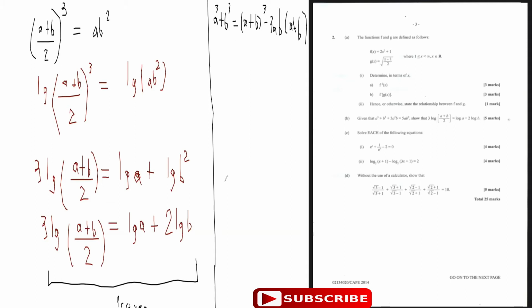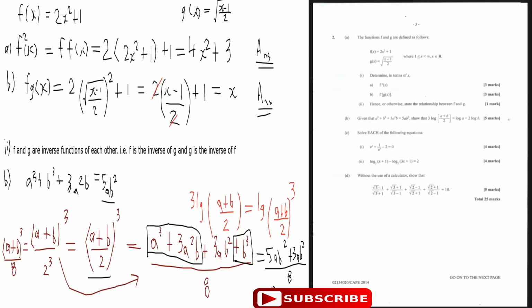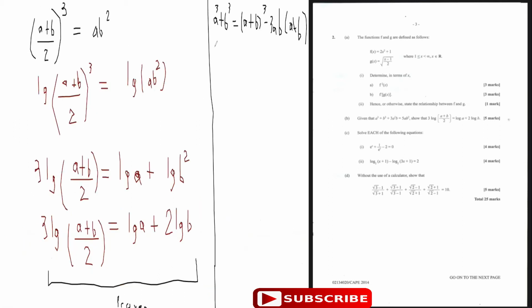And then what you could do is, the question told you that a cube plus b cube plus 3a squared b equals 5ab squared. You could have brought over this 3a squared b to say that a cube plus b cube is going to be equal to 5ab squared minus 3a squared b.